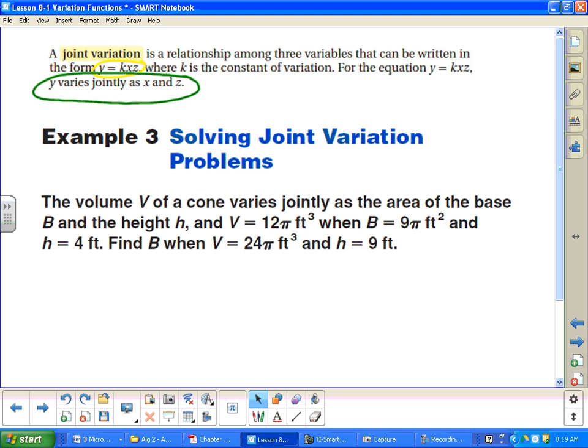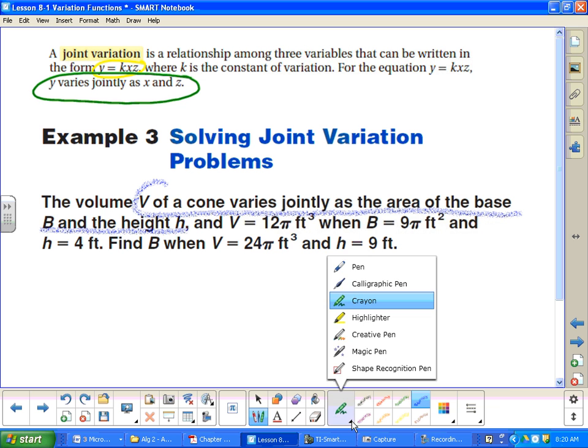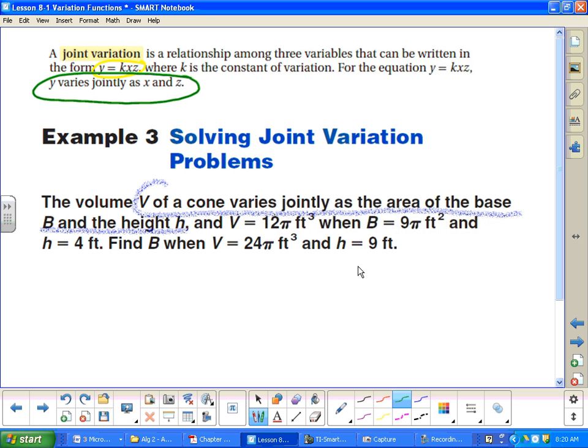The volume of a cone varies jointly as the area of the base and the height. So V varies jointly as the area of the base and the height. That tells me it's joint variation.